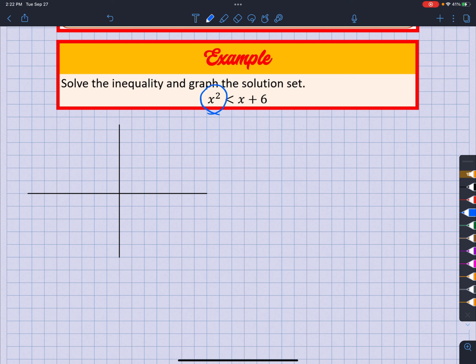That graph looks something like this, and then this graph here looks something like this. 1, 2, 3, 4, 5, 6. Slope of 1.